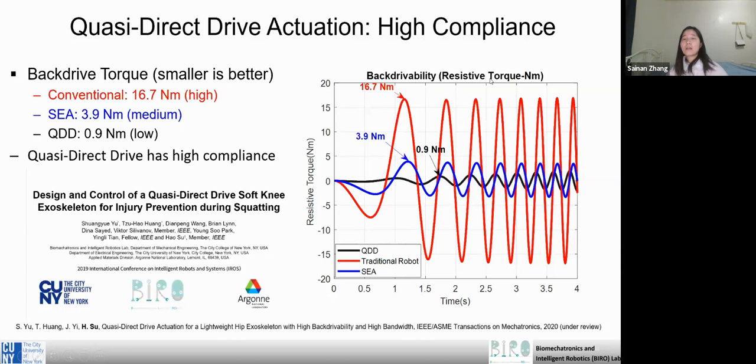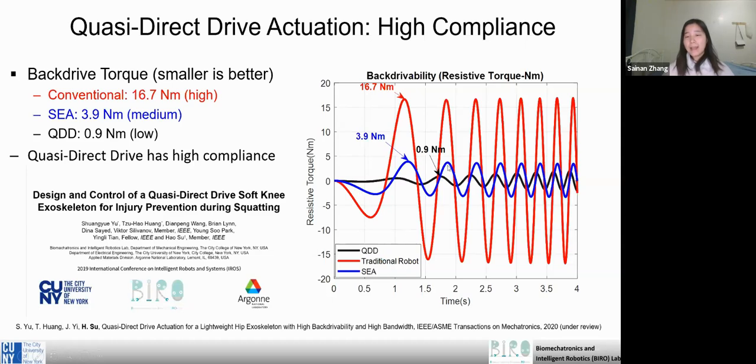The resistance torque is the backdrive torque. It can explain the backdrivability. When the resistance torque is large, the backdrivability is not good. So here we can find the traditional robot has the lowest backdrivability, about 16.7 Newton meter.